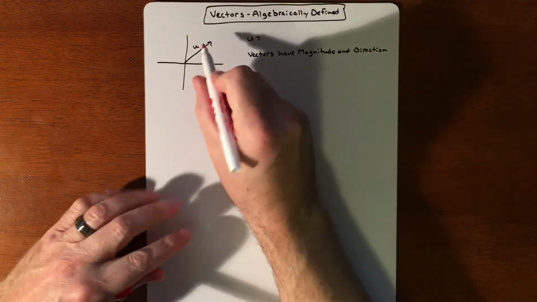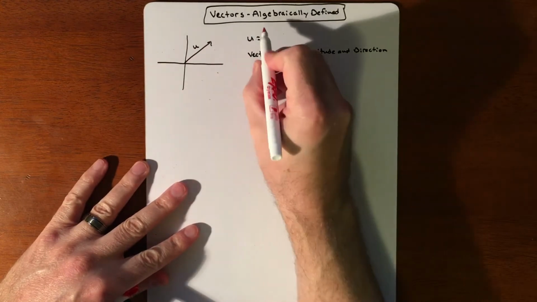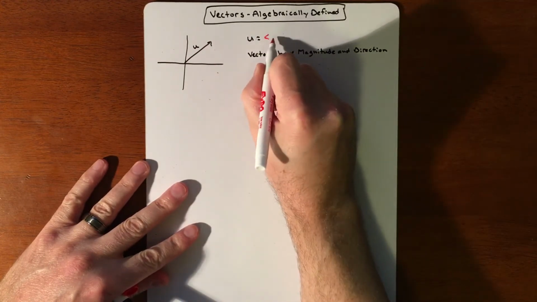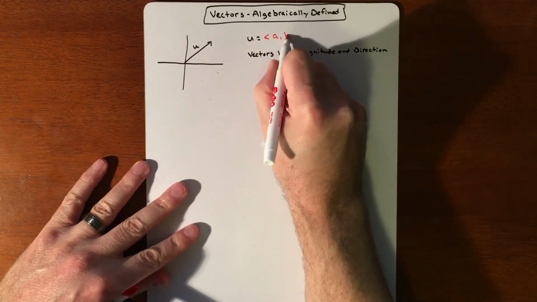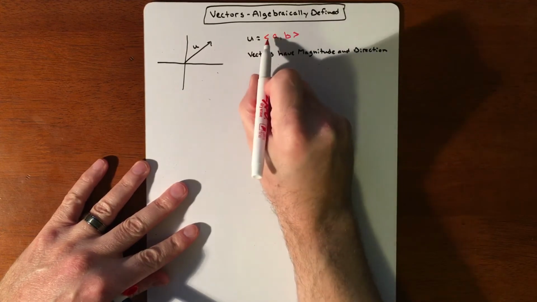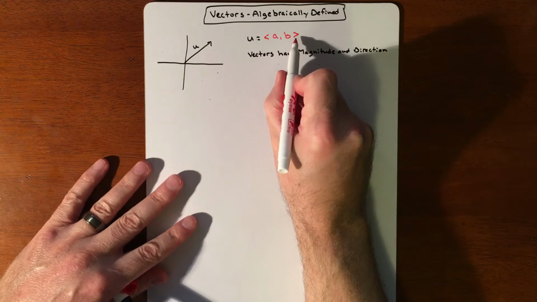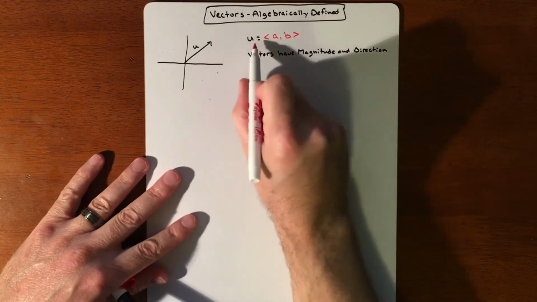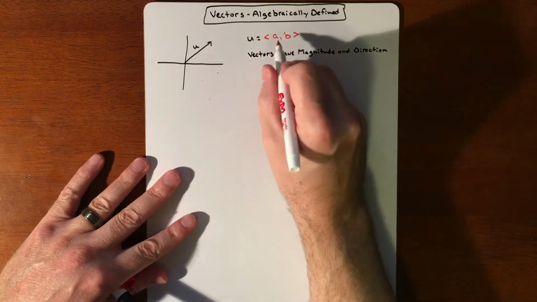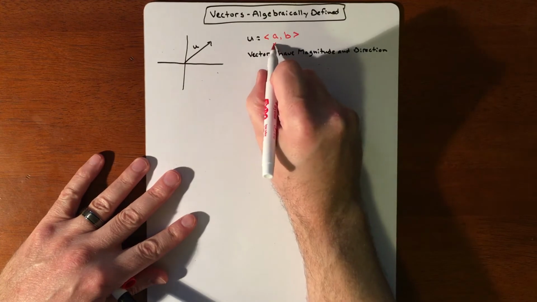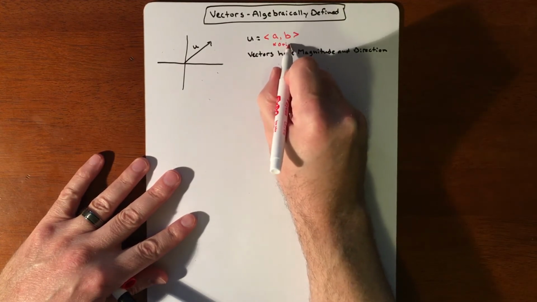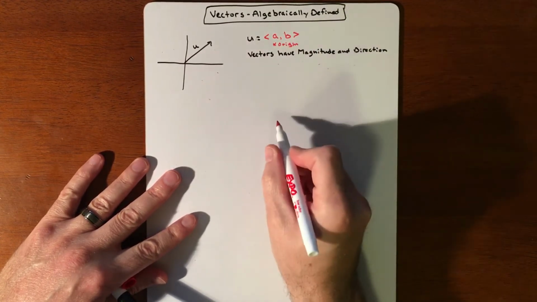So first off, to name vector u, it is going to look like this. You're going to have less than, greater than symbols, but those symbols represent that you're talking about a vector. And when you do this, everything is always going to be from the origin. So anytime that you see a vector, you're going to assume that it's from the origin.